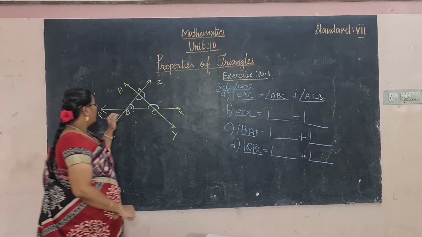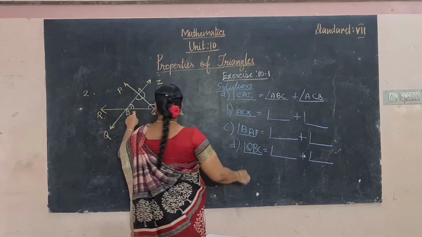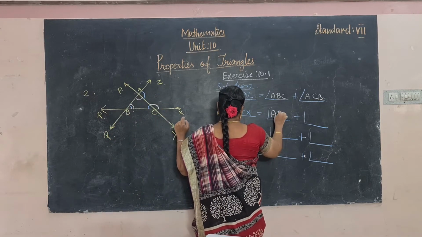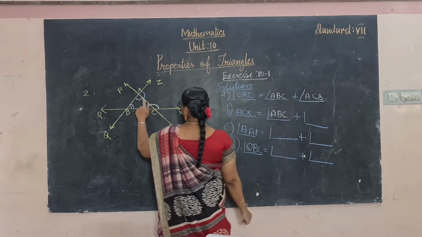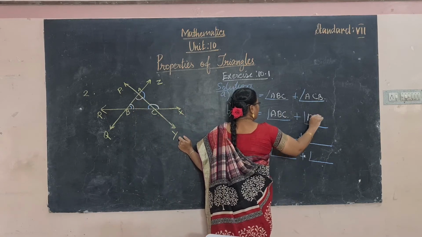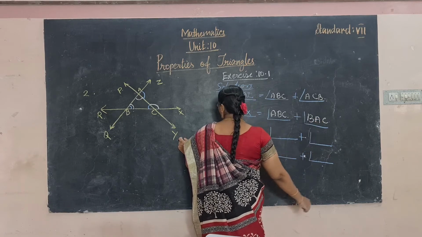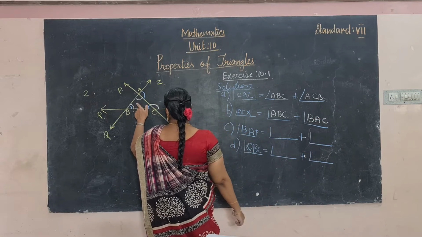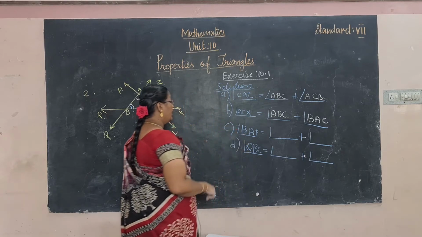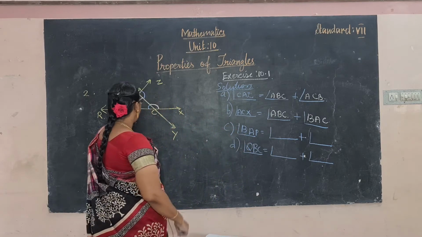So how can you write this? Angle ABC and another angle is BAC. These are all the opposite interior angles. So another exterior angle is BAP.